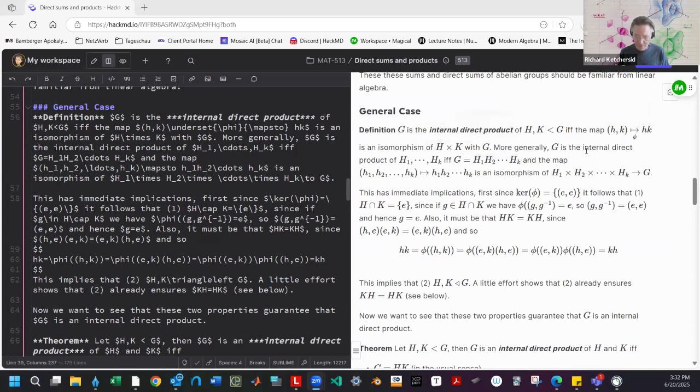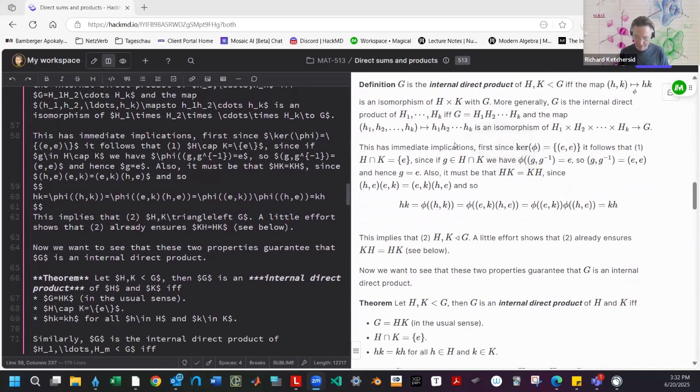So we need to think, what has to happen in order for this to be the case. And more generally, we might have a G, and we have several subgroups. And we want G to be H1 times H2 times HK, etc. So one thing you want to have happen here, if we want to say that G is this product, right? So that's sort of the setting I'm in now. When is G actually equal to that product?